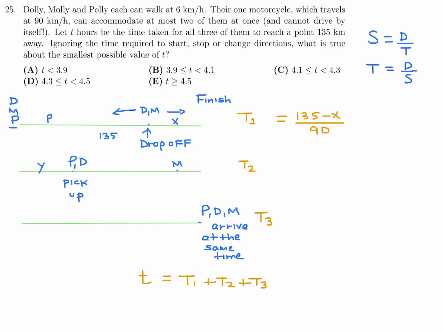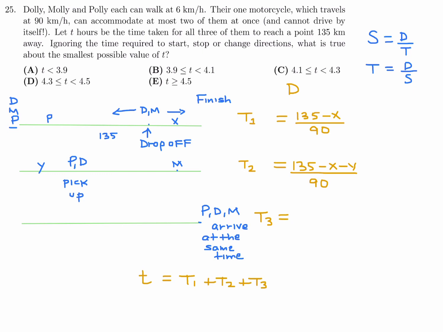And then for Dolly, which is the first friend that I really am talking about, her T2 is basically going from that drop-off point back to the pickup point, right? She was here, but then now she's traveling to there. So she goes back like that. So that distance is basically 135 minus X minus Y. And again, over 90, because she's still on the bike.